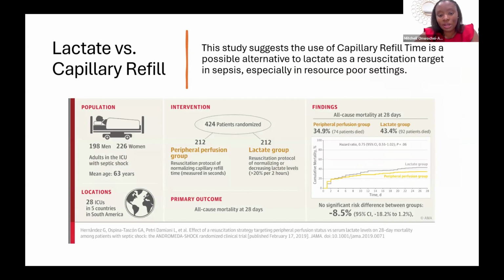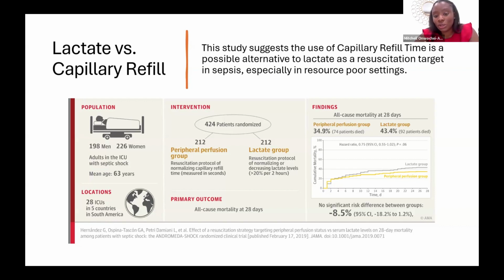So this is a study that was published, the Andromeda shock study, published in 2019. It looked to see if the use of capillary refill time is a possible alternative to lactate as a resuscitation target. As we know, evaluating for lactate clearance is used quite commonly as a resuscitation target. And this study showed that you could use capillary refill time as a resuscitation target.